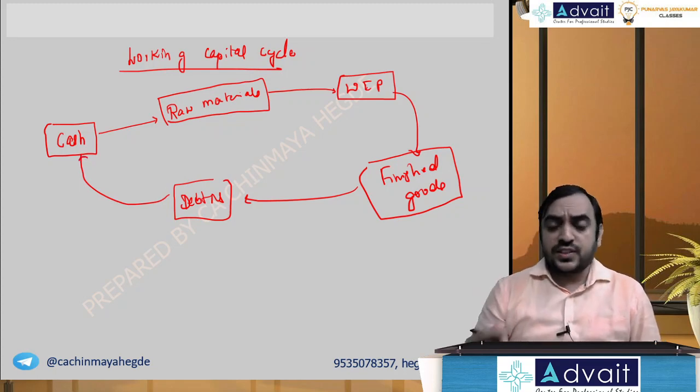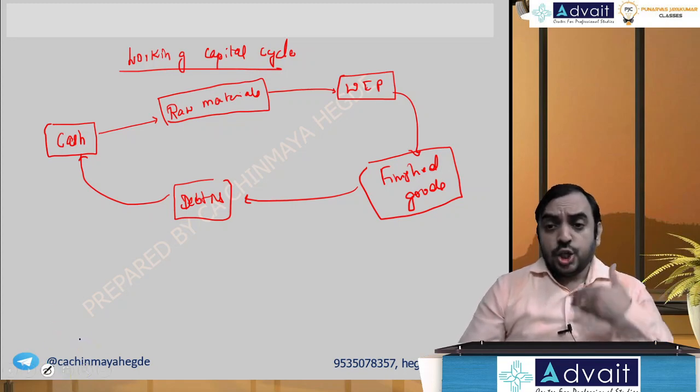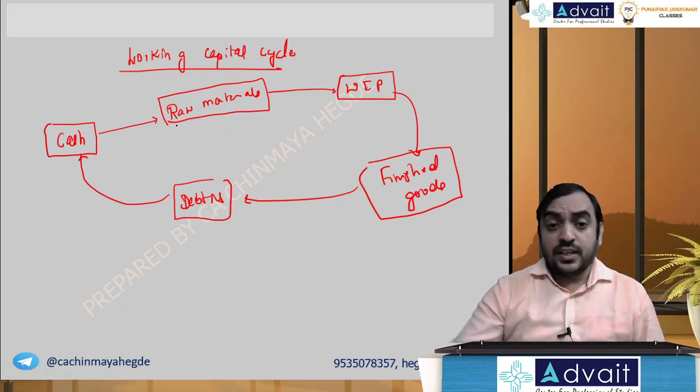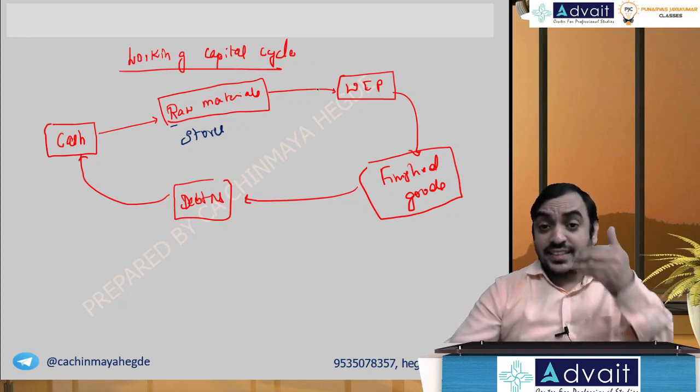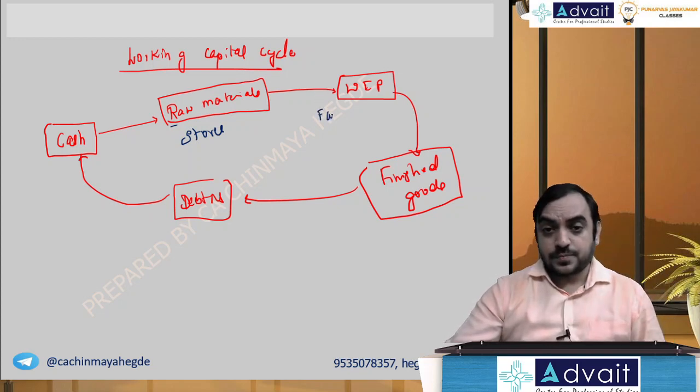Now this whole process will not happen immediately. When you purchase raw material, you don't issue immediately. It will be in the godown storage. It will be in stores. And work in progress, the work gets done in factory.